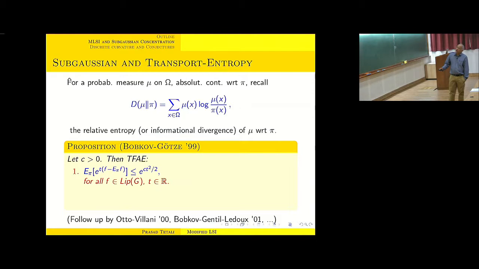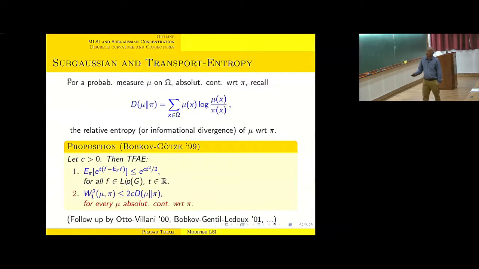So that involves establishing this. And the result of Bobkov-Götze from '99 shows that's equivalent to this transport entropy inequality, the square of the Kantorovich distance. Again, this is a general form of Pinsker's inequality.